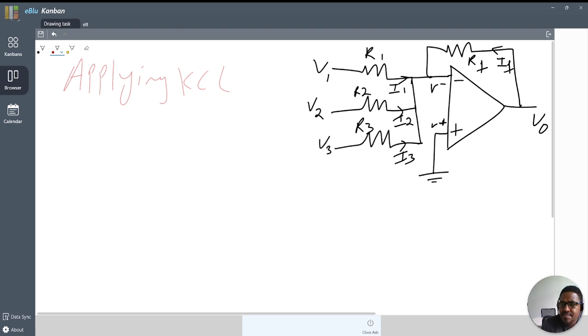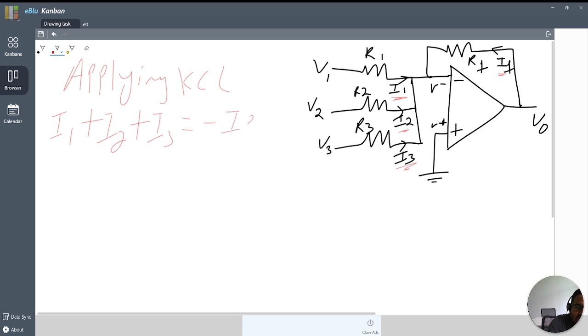KCL. As you know, I in equals minus IF according to op-amp circuit analysis. So we use I1 plus I2 plus I3 equal to minus IF.